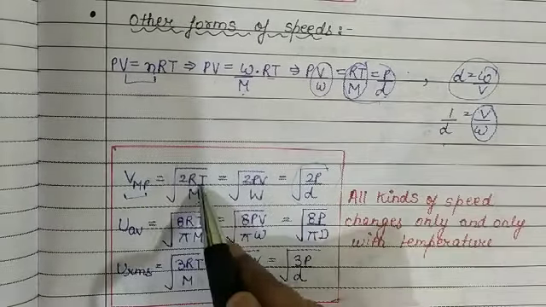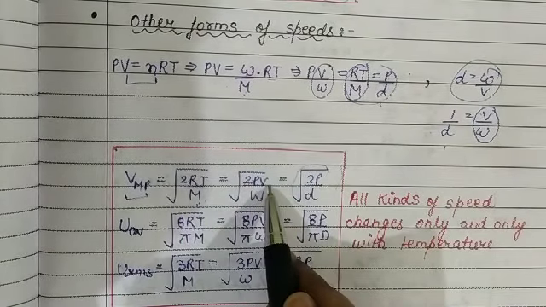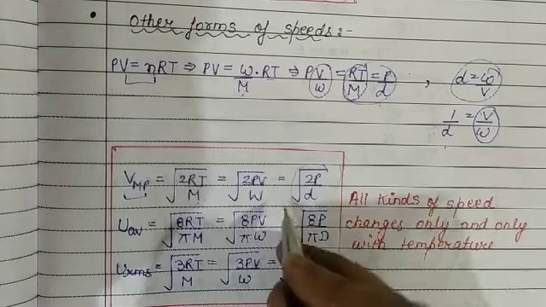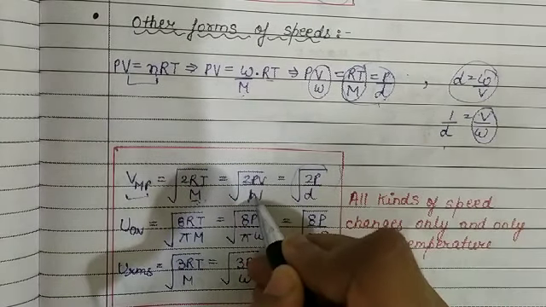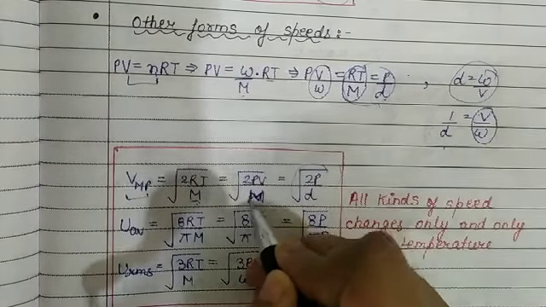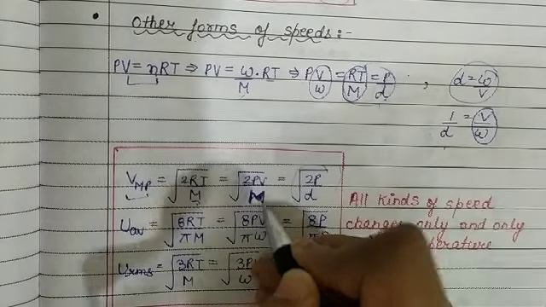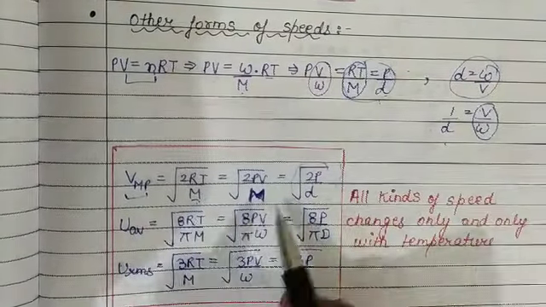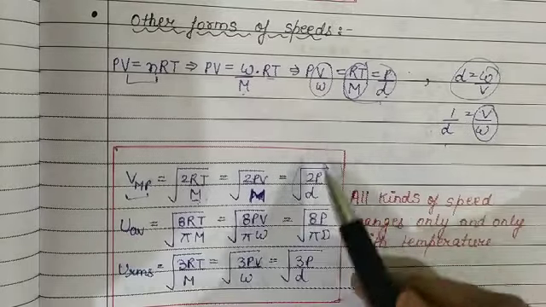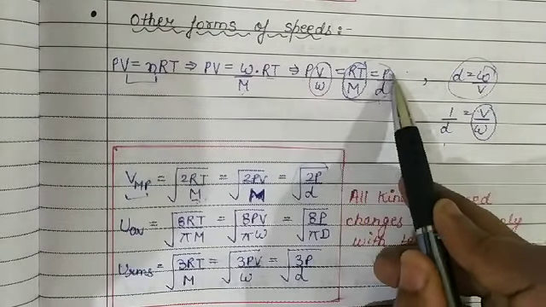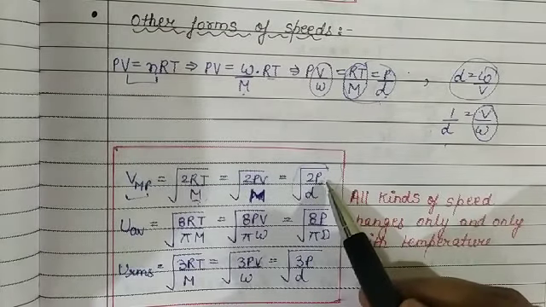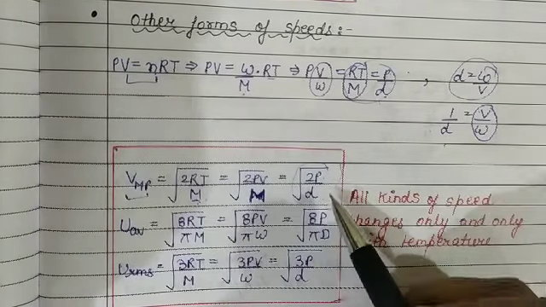Also RT equal to PV, so we can put RT equal to PV. This is molecular mass. Now PV by M. As we know, RT upon M is equal to P by D. So formula in terms of density will be root 2P by D.